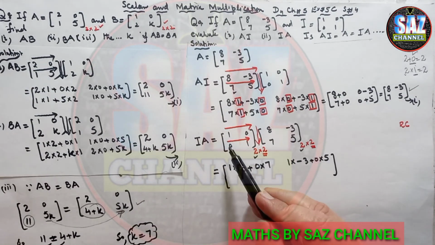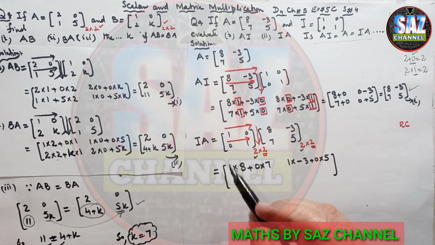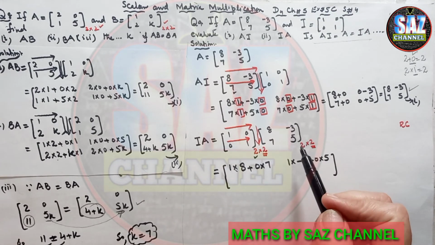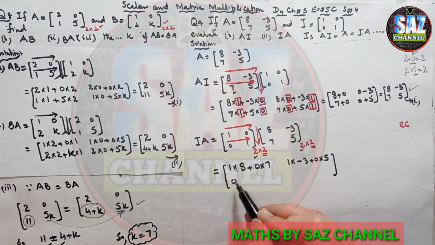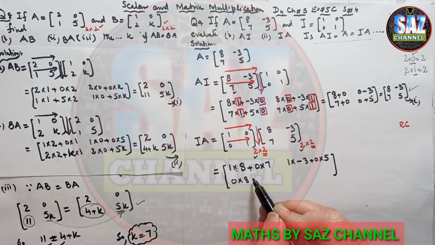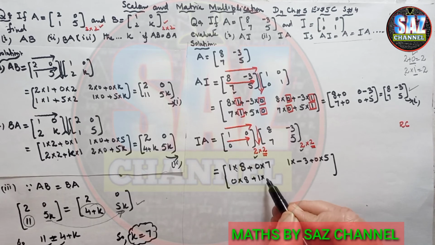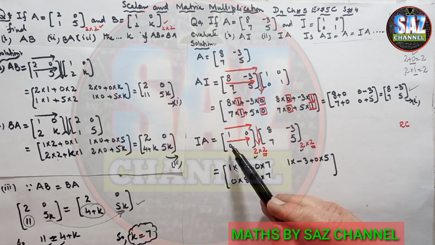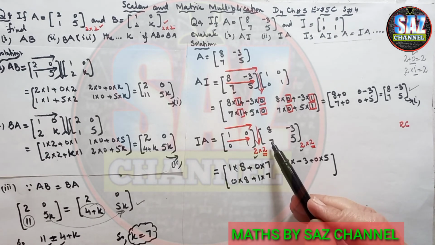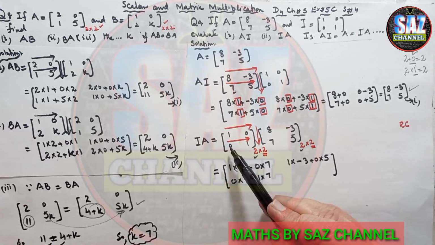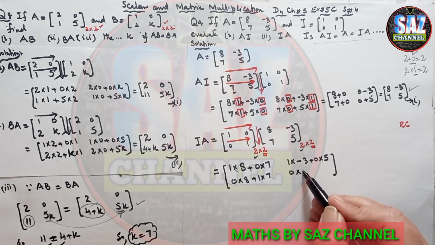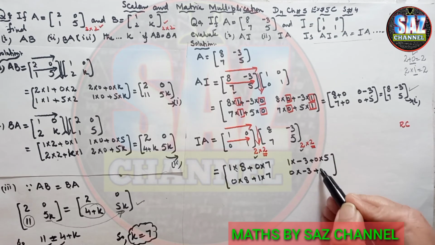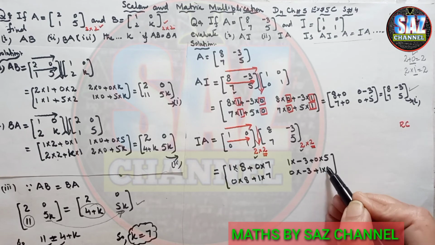Now take the second row and repeat it with all the columns of the second matrix, like 0 will be multiplied by 8, then plus 1 will be multiplied by 7. Now this second row has been multiplied with the first column. Now repeat the process of the second row with the second column. This is 0 multiplied by minus 3 plus 1 multiplied by 5.